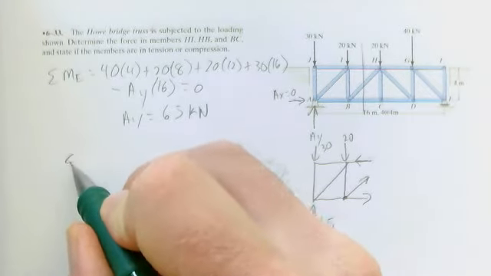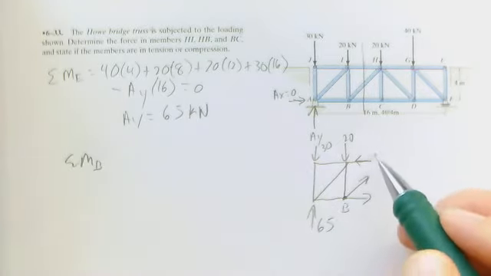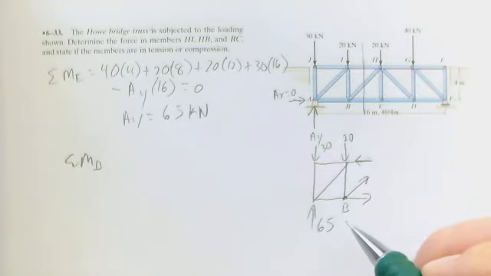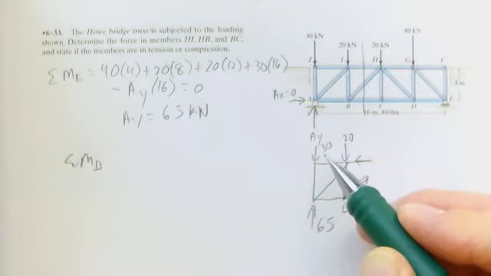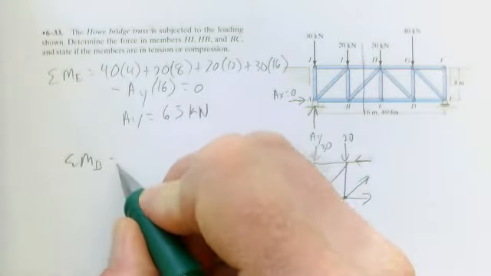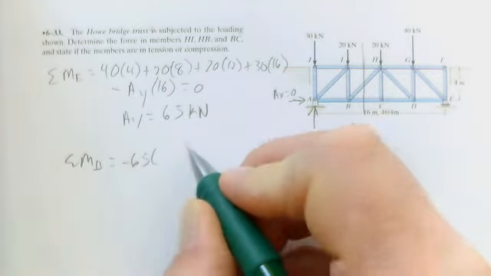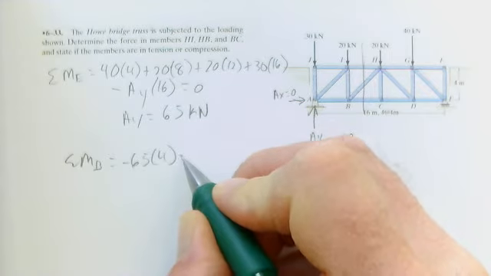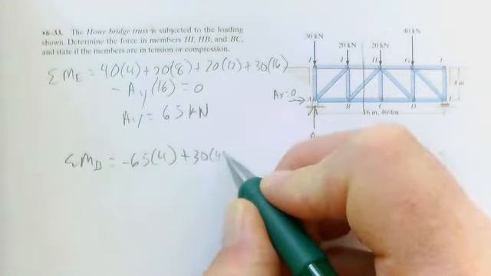So I'm going to sum the moments about B, because it eliminates both of these, and my only unknown is up here at the top. So about B, 30 doesn't matter, or rather, I got 30 down, I got 65 up, so negative 65 times the distance 4, and then plus 30 times the distance 4 also.